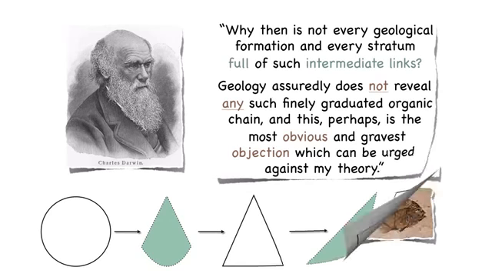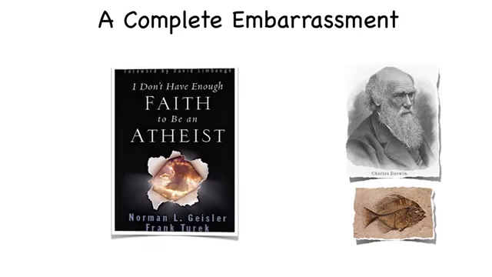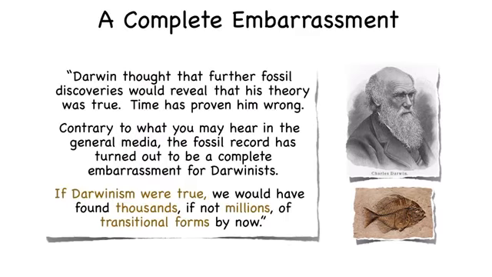Norman Geisler and Frank Turek comment on this. Darwin thought that further fossil discoveries would reveal that his theory was true. Time has proven him wrong. Contrary to what you may hear in the general media, the fossil record has turned out to be a complete embarrassment for Darwinists.